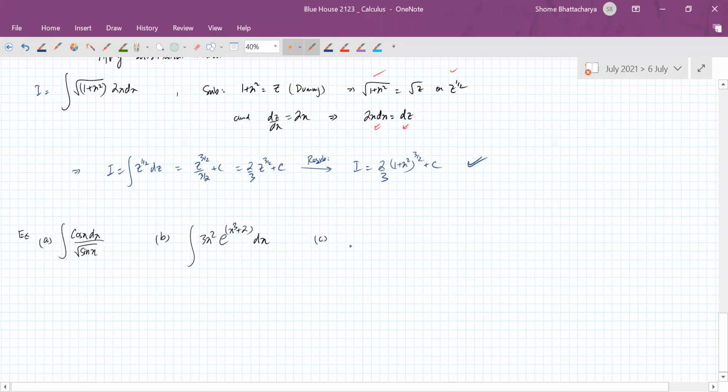Properties we have done earlier, and integration by substitution, that's the thing. Okay, so just try out these.